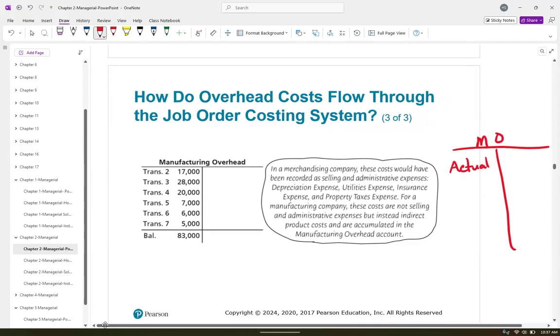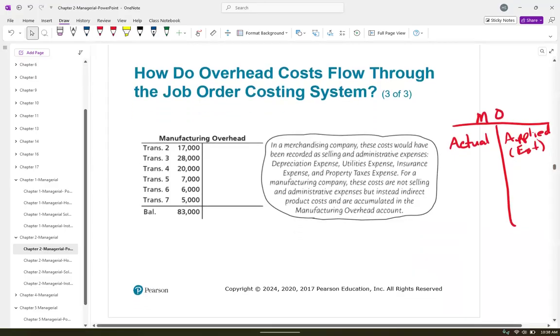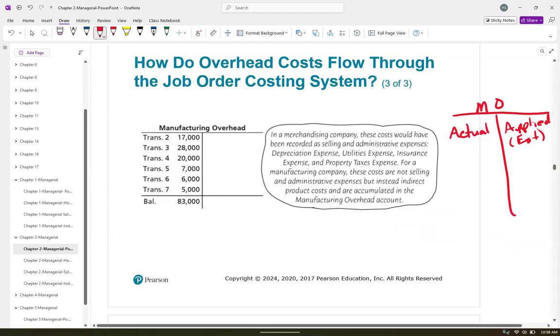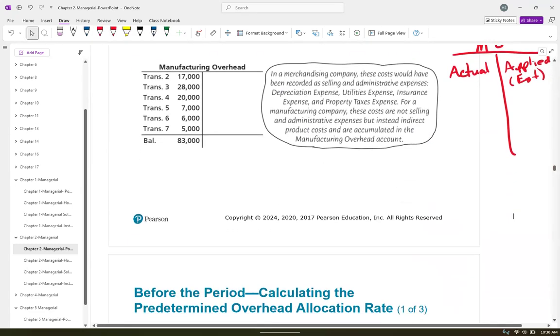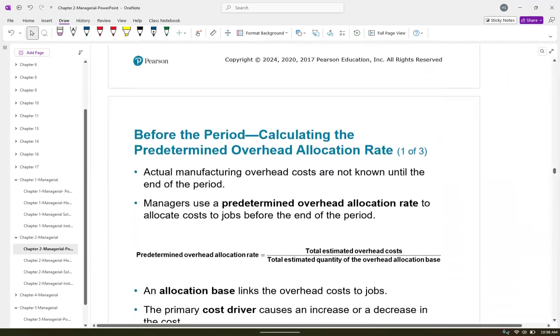You just saw all those actual things. What is applied, or this is even an estimate, what is applied is on the left-hand side of the manufacturing overhead account. Okay. So you can see we have all these things. You can see overhead is a lot, and that happens quite frequently.